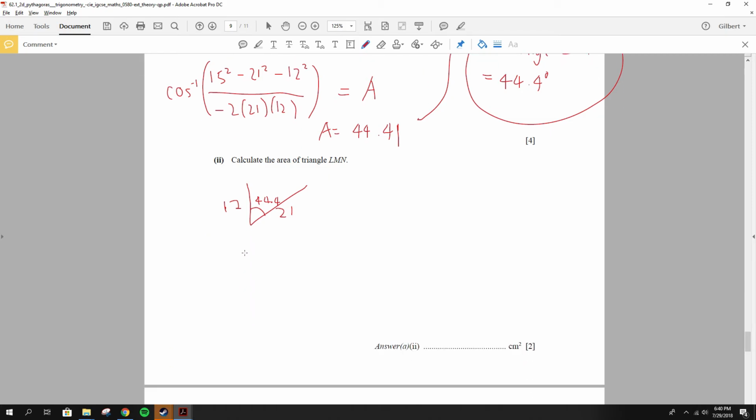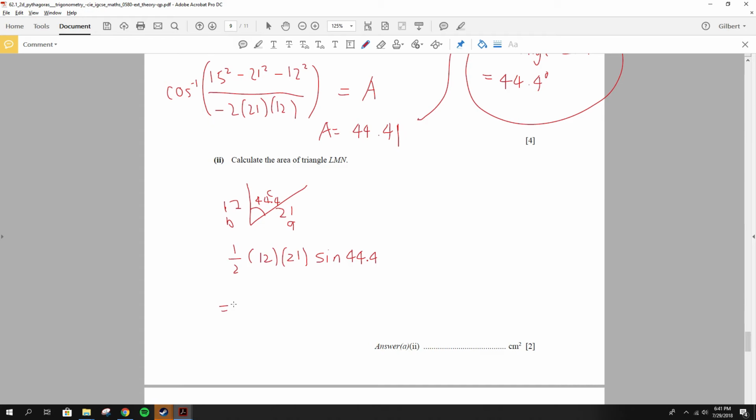So using your formula, half ab sine C, 44.4. Notice that this is the new a and this is the new b and this is your side angle C. The arrangements of ABC labeling for your triangle will change depending on the equation you're using. Type this into the calculator.